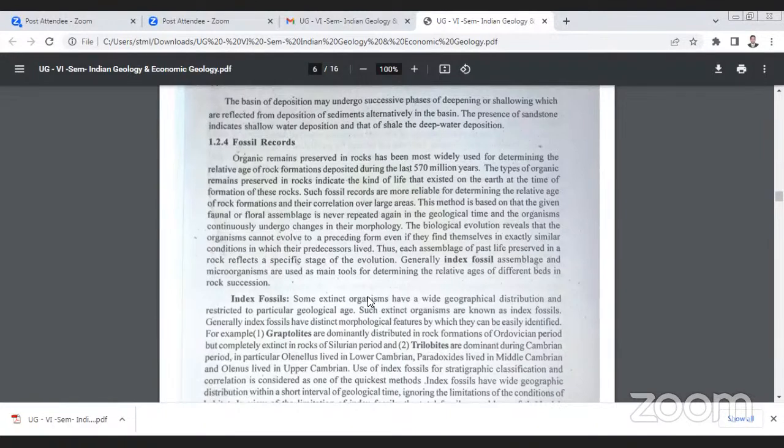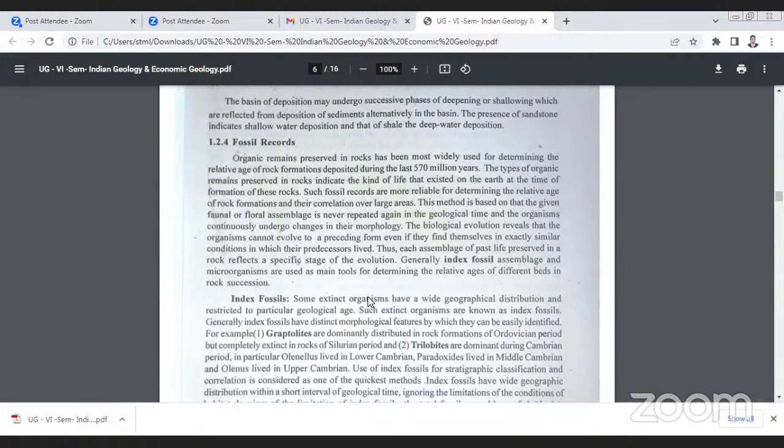Such fossil records are more reliable for determining the relative age of rock formations and their correlation over large areas. This method is based on the principle that a given faunal or floral assemblage is never repeated again in geological time, and organisms continuously undergo changes in morphology.